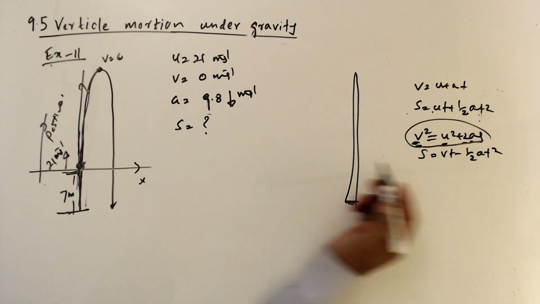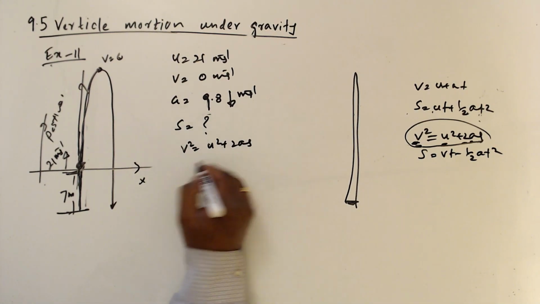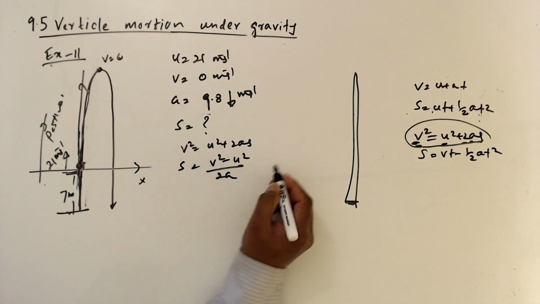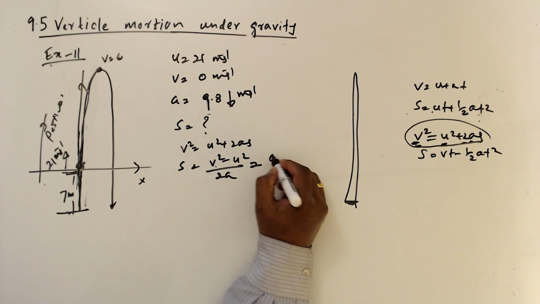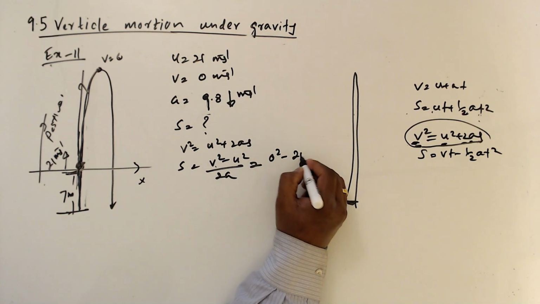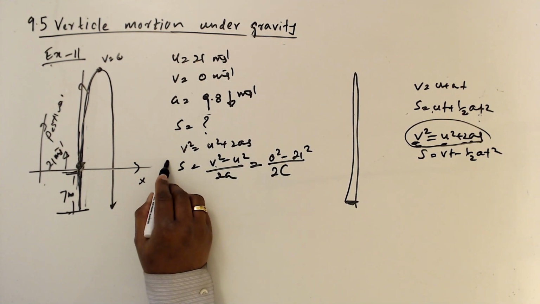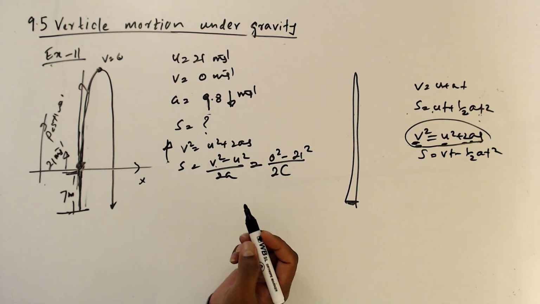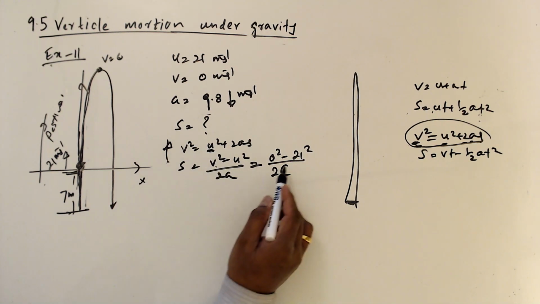with this equation, v square equals u square plus 2as, then s is equal to v square minus u square divided by 2a. So v square is 0 square minus u, 21 square, over 2 times a. Now we will put this direction into this equation. That's why u value is positive.